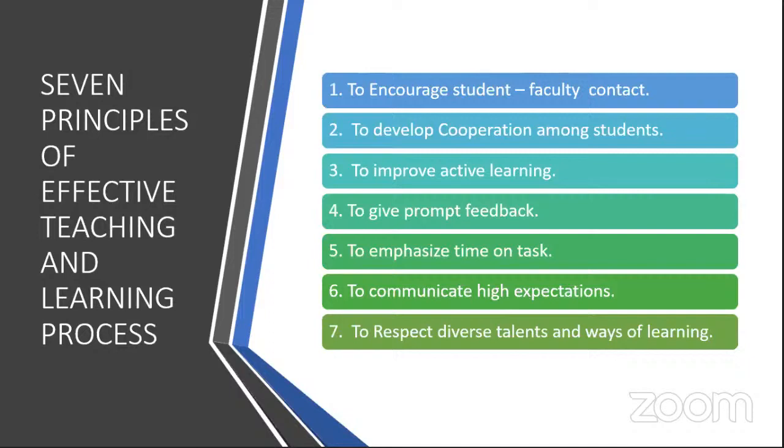To improve active learning. Active learning is very important in the effective teaching learning process. If they are not active, they cannot reach their goals. Next, to give prompt feedback. Being a teacher, we should give prompt feedback on whatever task they have done.